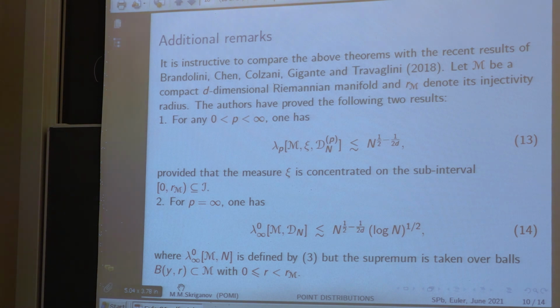For a Riemannian manifold M, we can define Rm, that is the injectivity radius. Let me explain. If we consider balls in a Riemannian manifold, then if the ball is sufficiently small, it's diffeomorphic to the standard ball in Euclidean space. But if the radius is large, this ball becomes very complicated.